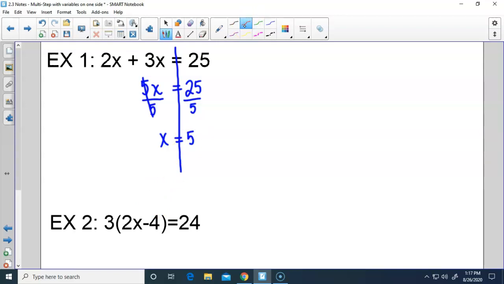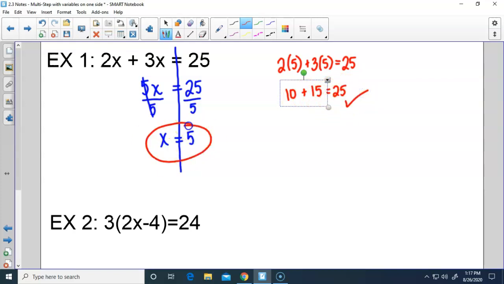Let's check this first one just to make sure this is right. So 2 times 5 plus 3 times 5 is supposed to equal 25. So 2 times 5 is 10, and 3 times 5 is 15, and 10 plus 15 does in fact equal 25, so that verifies that x equals 5 is the correct answer.